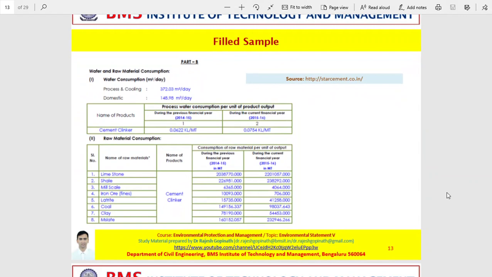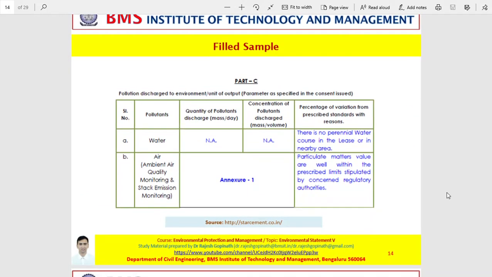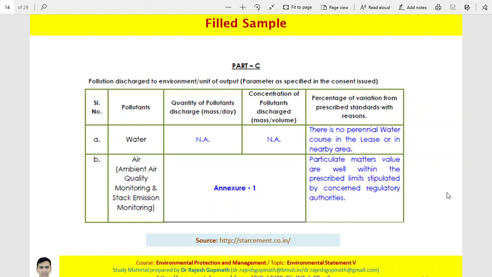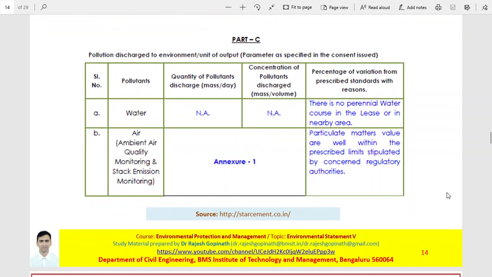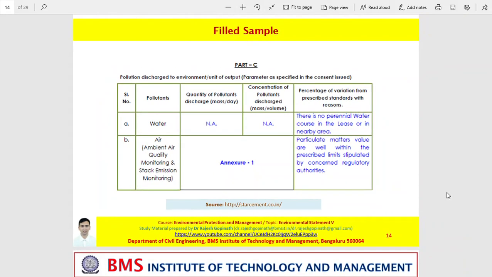Here, it is understood that if the industry is not polluting the water, they have mentioned it as not applicable. However, this need not be applicable to all industries, and those industries which contaminate the water would be listing here the pollutants which pollute the fresh water and have a subsequent impact on the ecosystem with respect to biomagnification.